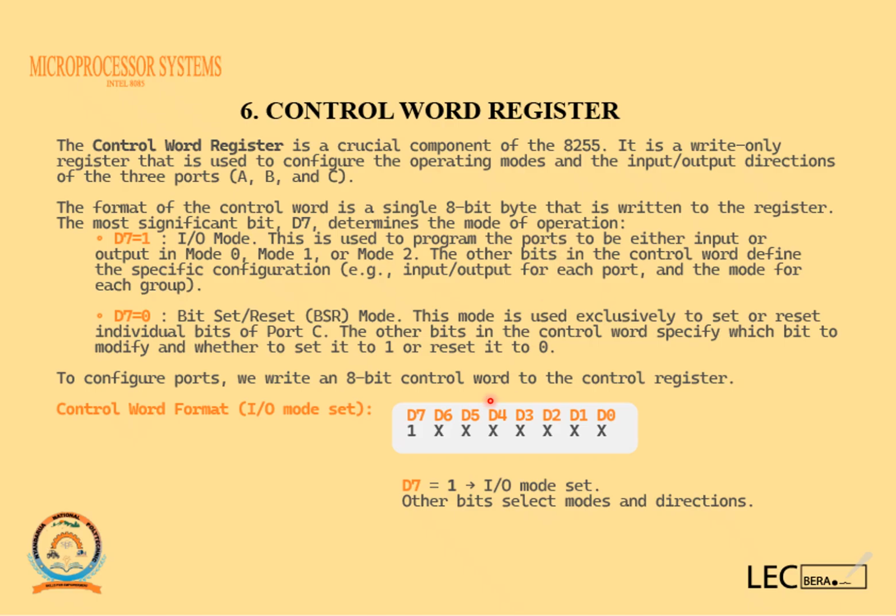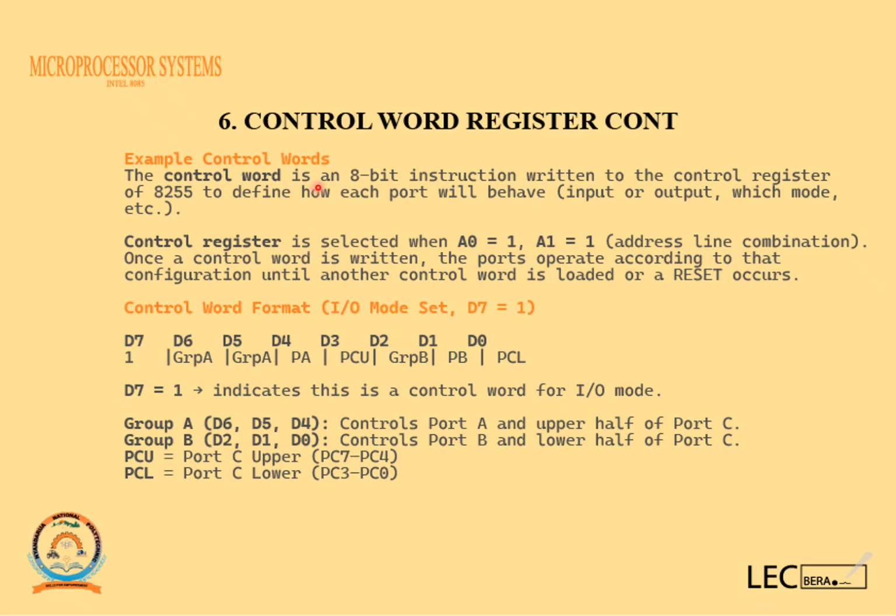And if I set this pin to be 0, then I am going to make this 8255 be in another mode of operation. This mode is used exclusively to set or reset individual bits of port C. So if I want to set or reset individual pins of port C, then I have to start with D7 being 0 bit. So that's a simple example. We are going to see more as we advance.